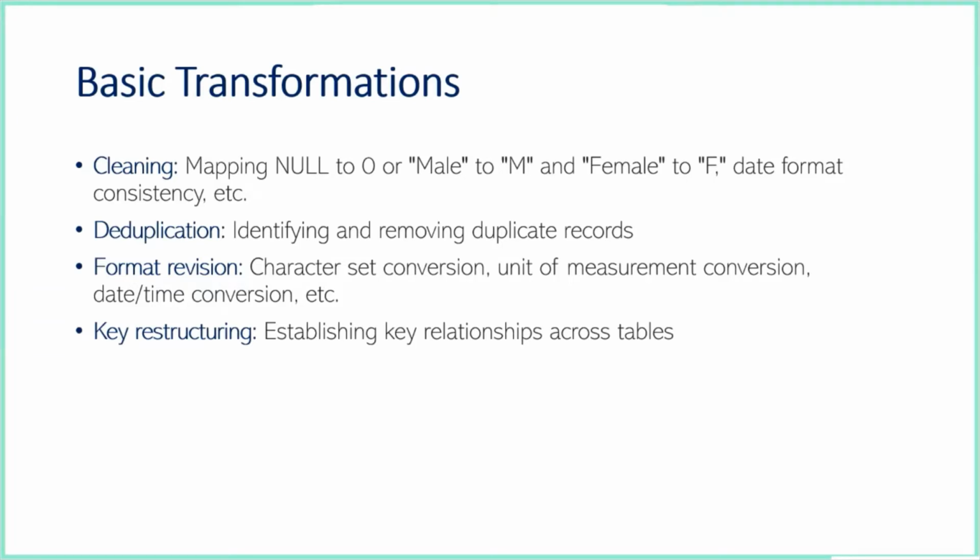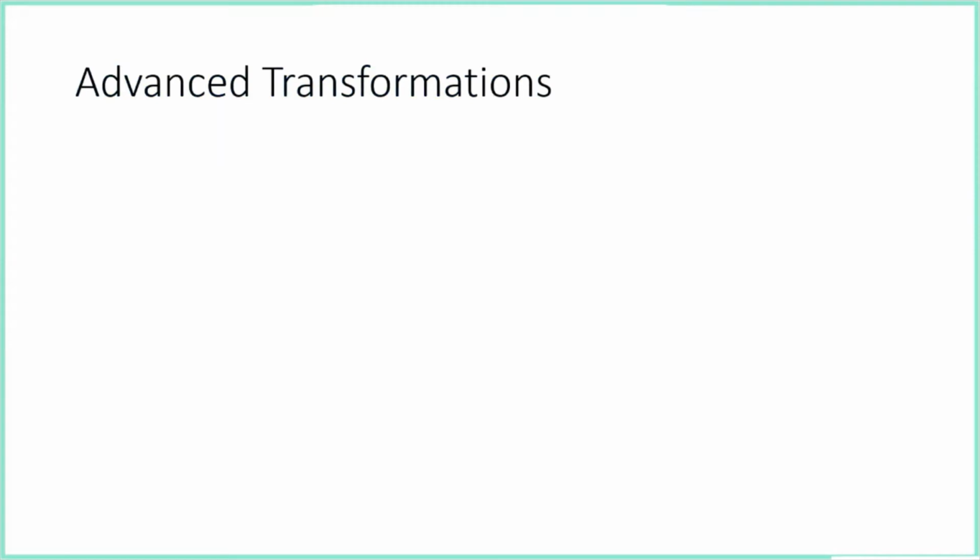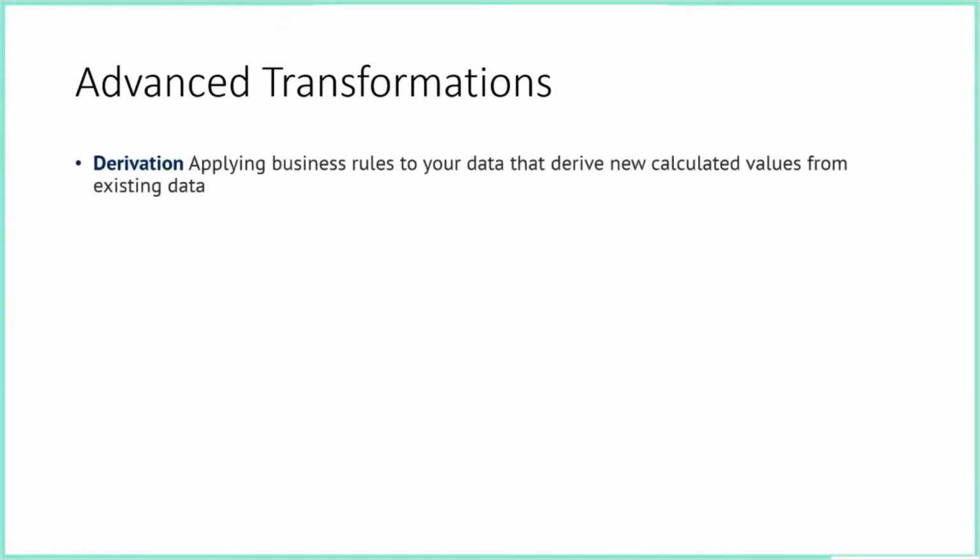And apart from that, this is the basic thing, and as a chain, the other advanced transformation which you would obviously try to do is derivation. That is, a source value might be something, and after applying some business rules, maybe based on the score, you might be generating a rank.